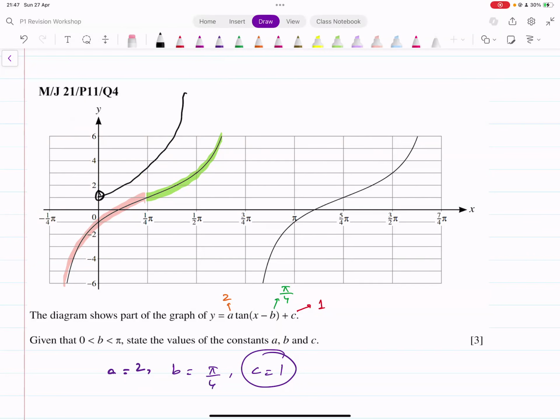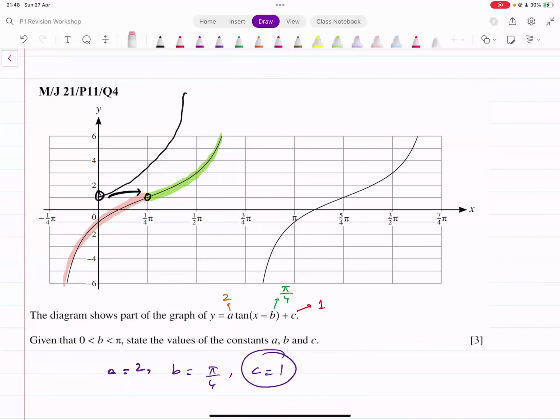But then this point, where is that going? That's going here. What's that? That's a translation, pi over 4 units to the right. That means this number here, b, has to be pi over 4. It's the minus sign. Minus means you're going right in horizontal transformations. So that number is therefore pi over 4 because you're moving pi over 4 units to the right like this.